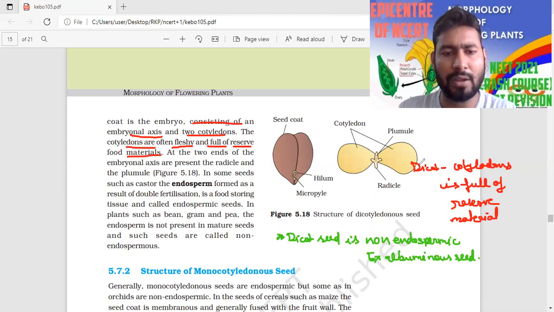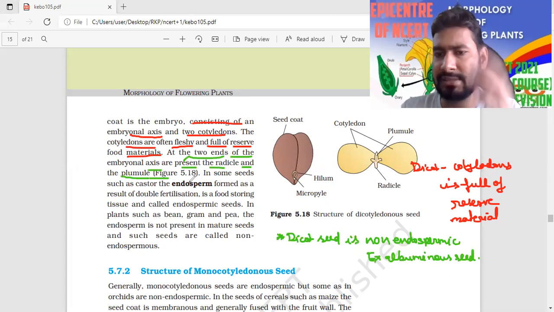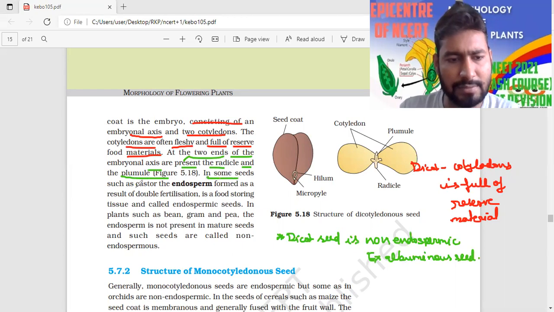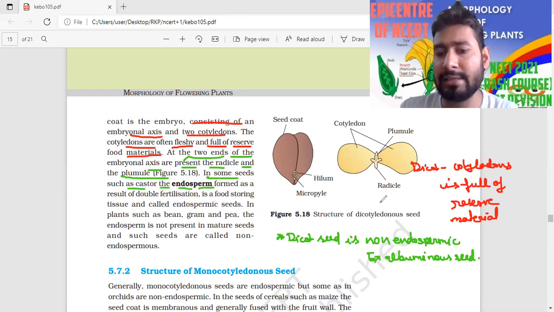Now look at it. At the two ends of the embryonal axis are the radicle and plumule, which we have discussed already. In some seeds, such as castor, the exception is here. Castor is a dicot seed, but it is endospermous. This is very, very important. I told you all dicot seeds are non-endospermic, but castor is the exception.